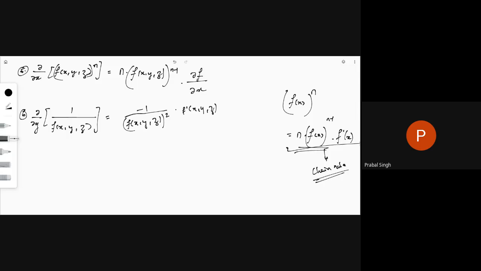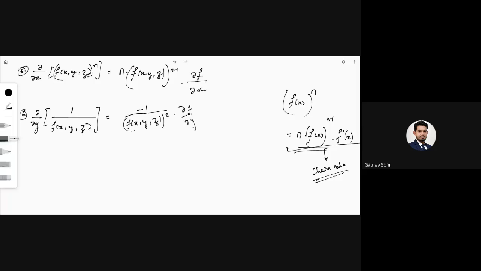So we will need to consider that f dash of xyz needs to be the rate of change of the function with respect to y. Which means what I have to write here is delta f by delta y, so partial derivative of f with respect to y.